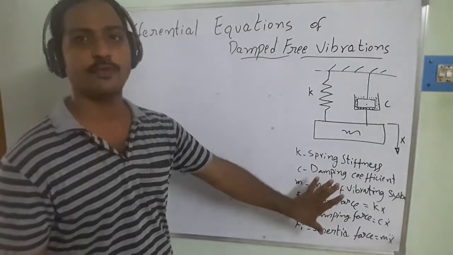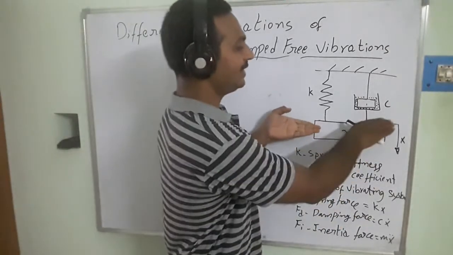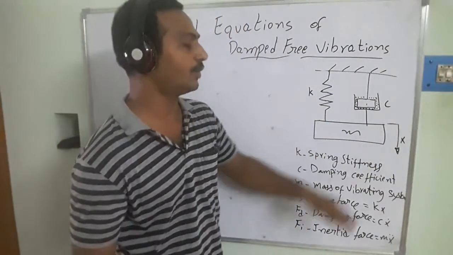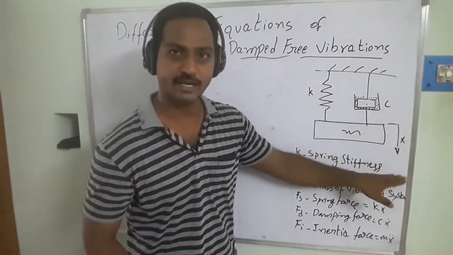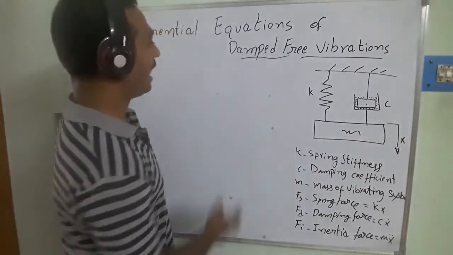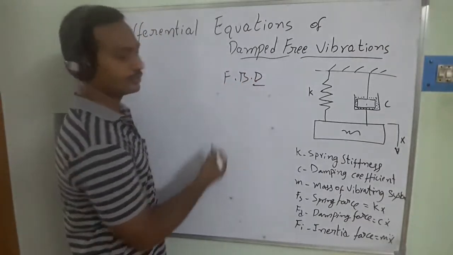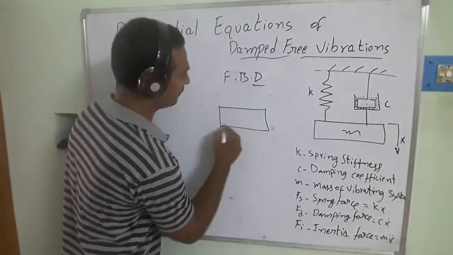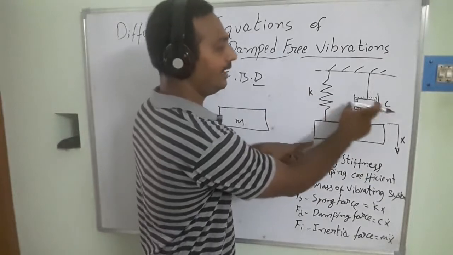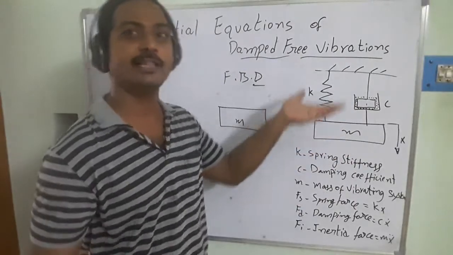Once we are familiar with these terminologies, we have to draw the free body diagram. We assume we give an initial displacement to the system and it is moving in the downward direction. The accelerating force acts in the downward direction, but the inertial force acts in the opposite direction. Taking the mass of the system as M, when it moves, the spring and the damper elongate downward, but the restoring force acts in the upward direction.